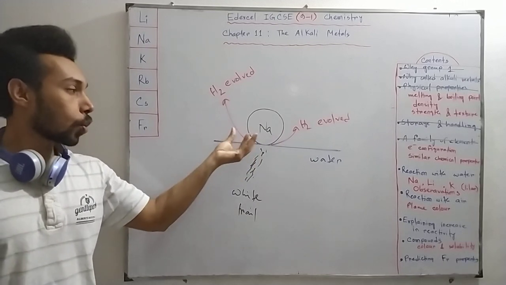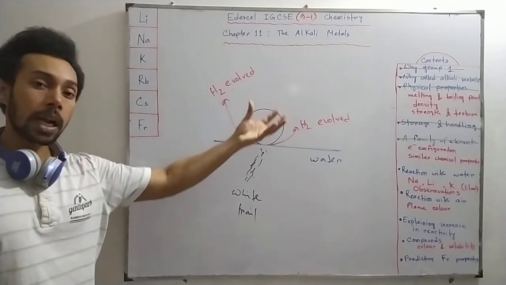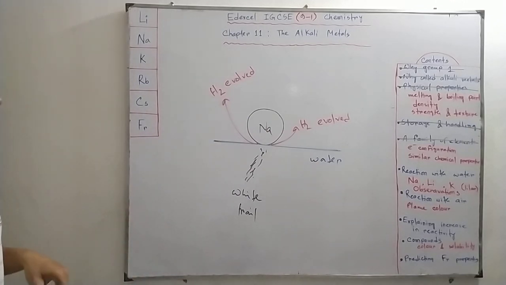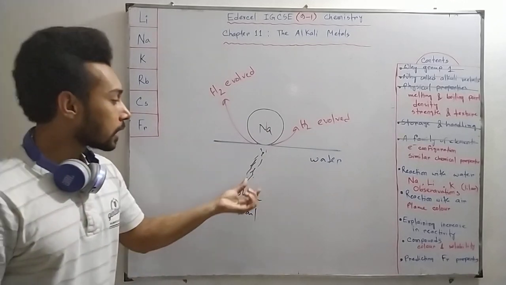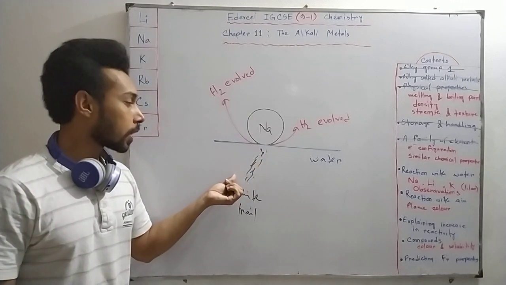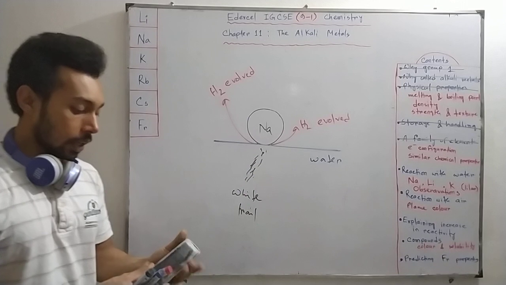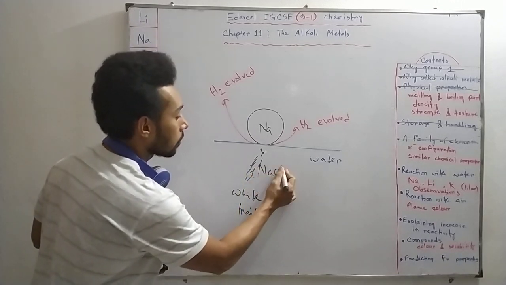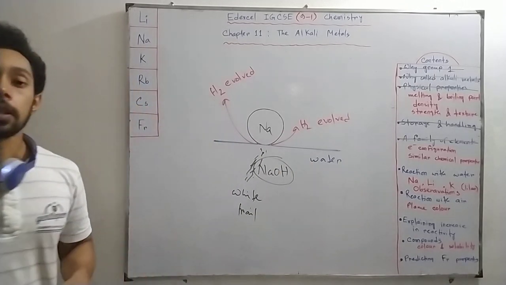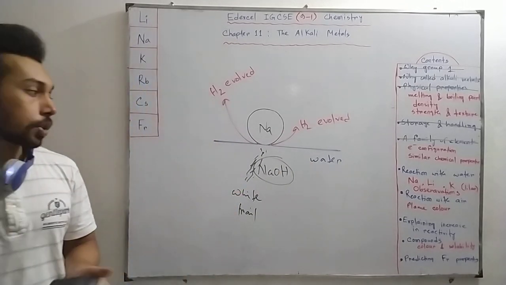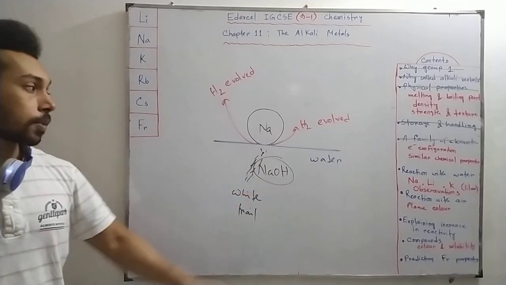Next observation, you will see a white trail dissolving into the water. This is the sodium hydroxide that is dissolving into the water to form an alkaline solution of sodium hydroxide.